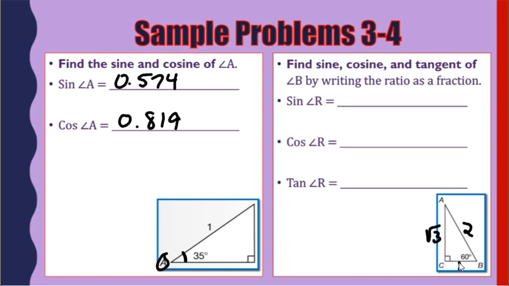So now find the sine of angle B. So sine of angle B, opposite, square root of 3 over hypotenuse, which is 2. Cosine of B, adjacent, over hypotenuse. And tangent, the opposite, square root of 3 over adjacent, which is 1. Those would be our ratios.